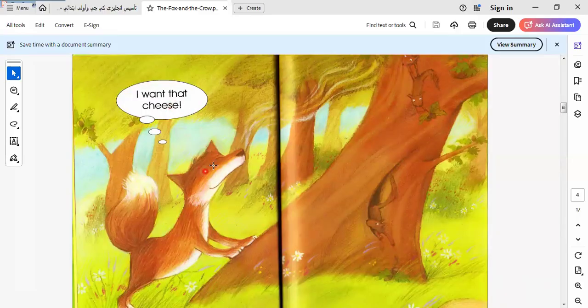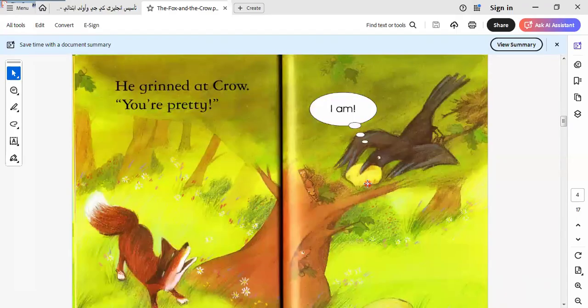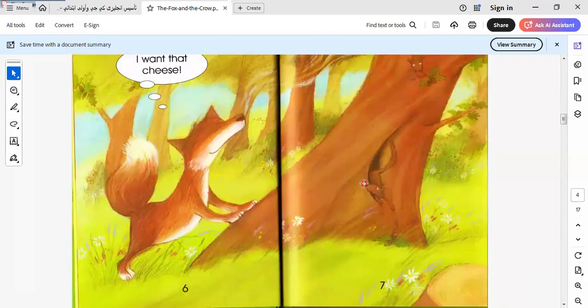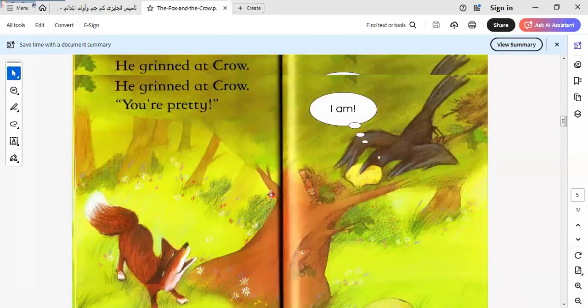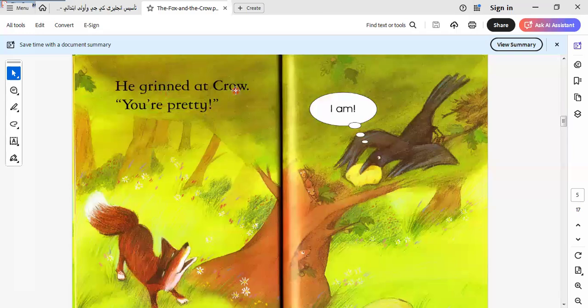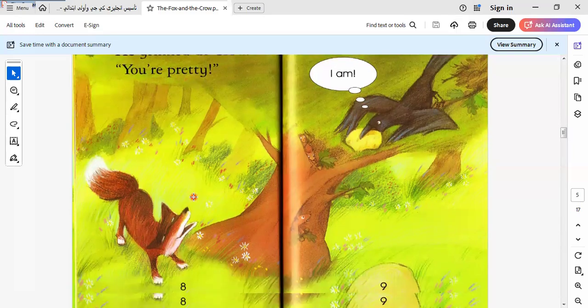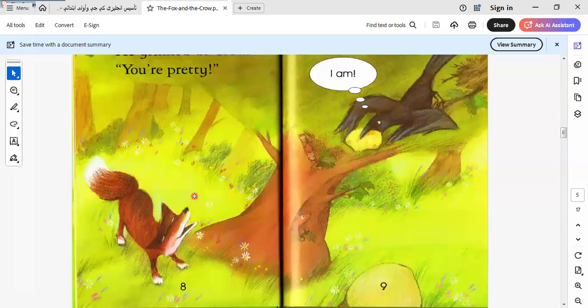I want this cheese. Then the fox tells the crow that the fox wants this cheese. He grinned at crow. You are pretty. So he wants something from the crow. So he is saying to the crow, you are pretty, to give the fox what? To give the fox the cheese.